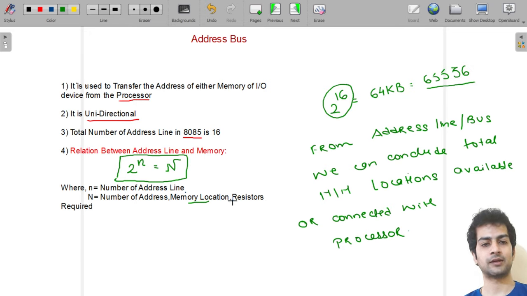In the same way we can calculate how many registers are required from the same formula. The memory locations, registers, and number of addresses are all the same.